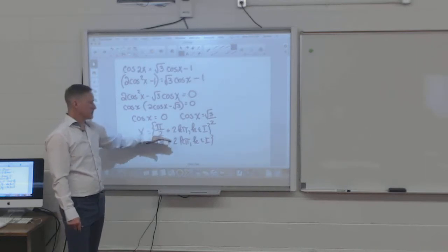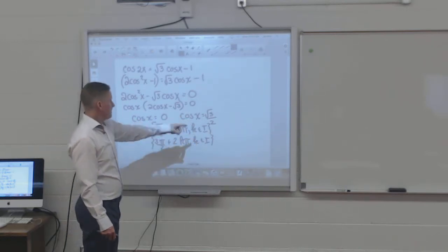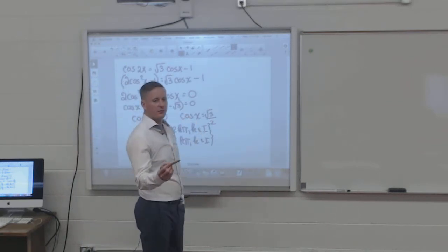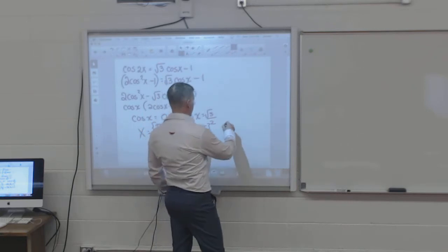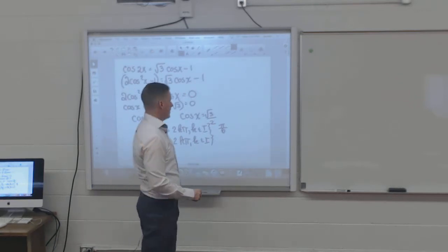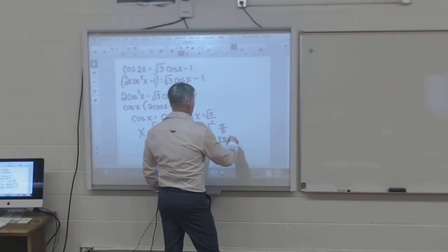But by doing it this way, I'm going to use the same method to solve this now. So where in the circle is cos x equal to root 3 over 2? Pi over 6, and where's the other one? 11 pi over 6.